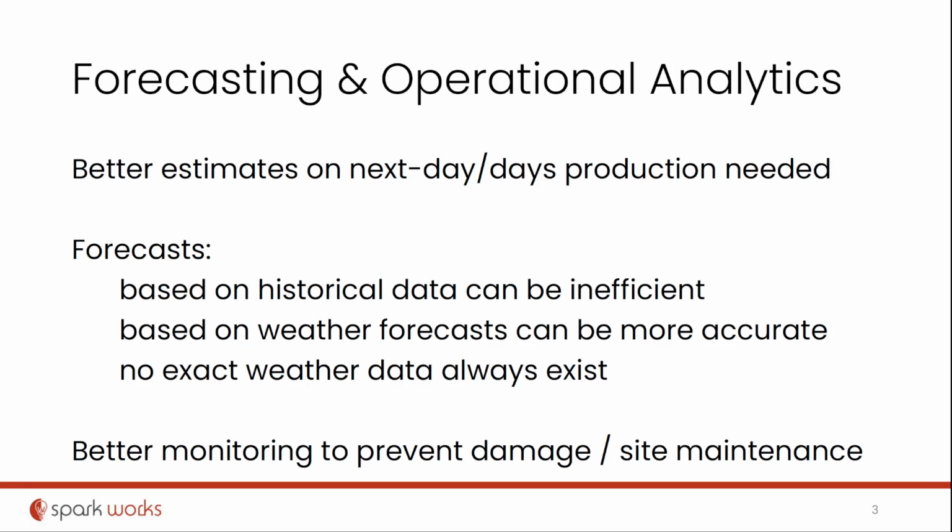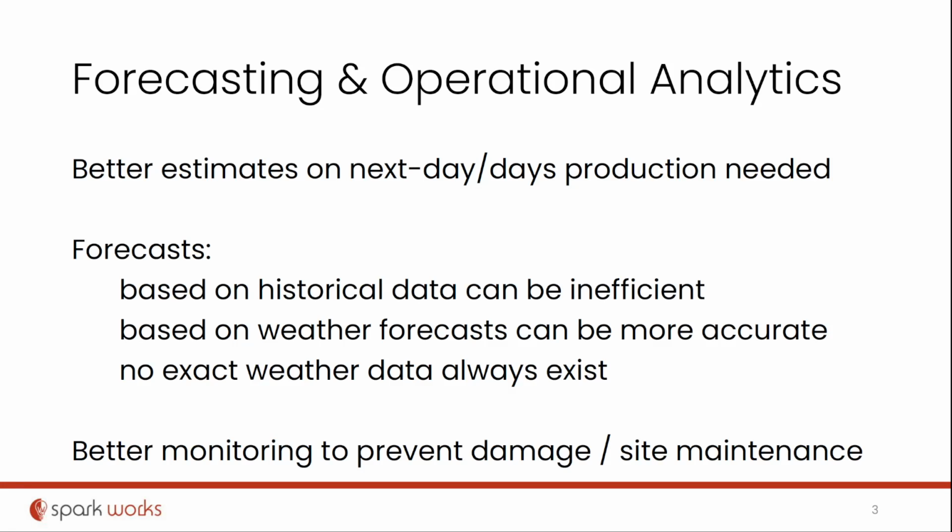So in order to have these alternative sources ready, we need to have better estimates on the production that is expected in the next day or in the next days from the photovoltaic energy production, as alternative sources can sometimes require a lot of time in order to be brought up to speed and contribute the missing part.